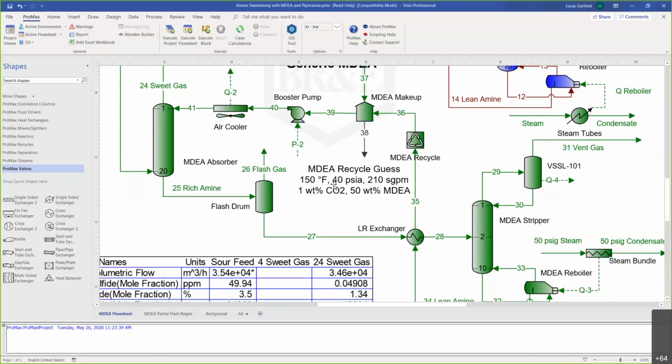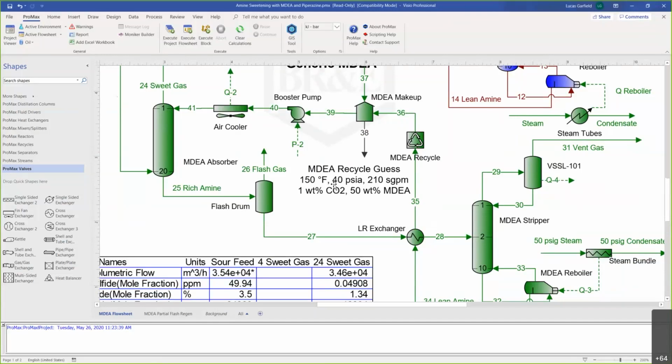So if I was looking at what the appropriate lean loading would be, one thing that I would do is I would look and see, am I lean and pinched? I would create a lean approach in the MDEA absorber, and I would look at the lean approach. And if the lean approach was near 90%, indicating that I was in a lean and pinch situation, that would tell me that my sweet gas purity was being limited by my lean loading.